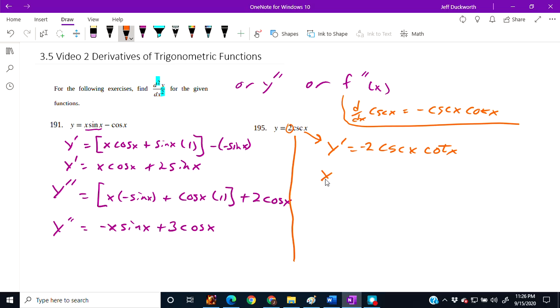The second derivative is going to be a product rule because now we have two things. I'm going to pull the negative 2 out. And the first, derivative of the second, so we've got cosecant. Derivative of cotangent is negative cosecant squared.